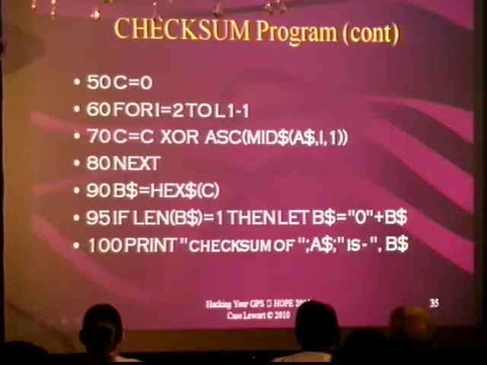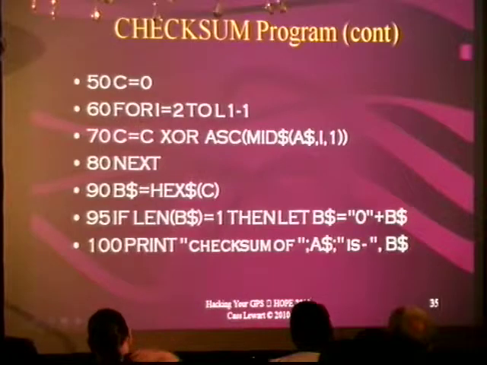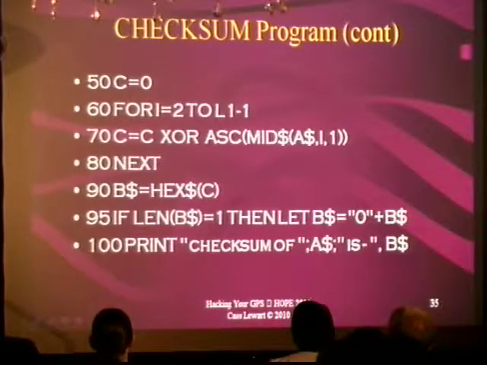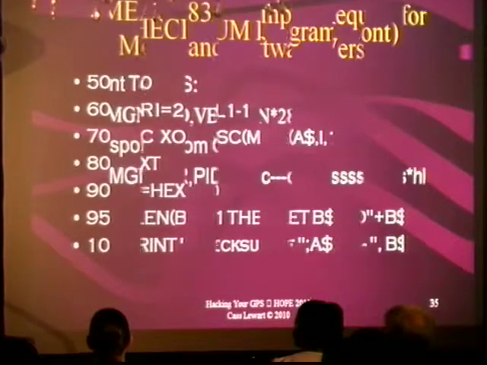You XOR each successive ASCII unit from left to right, and you end up with one byte, high and low, and you have to send this byte after the asterisk. Then the information will be accepted by your GPS. If it's incorrect, the phrase is rejected.